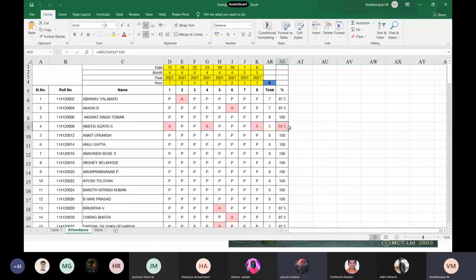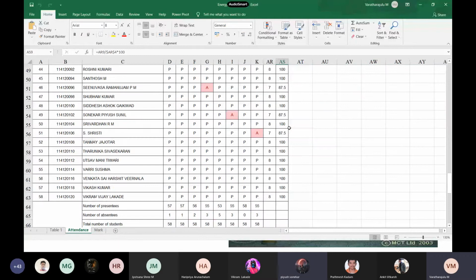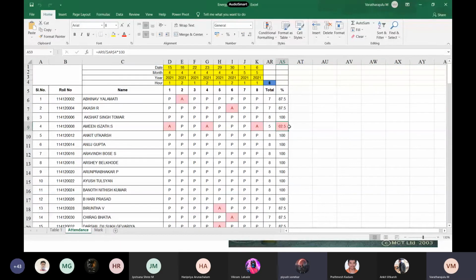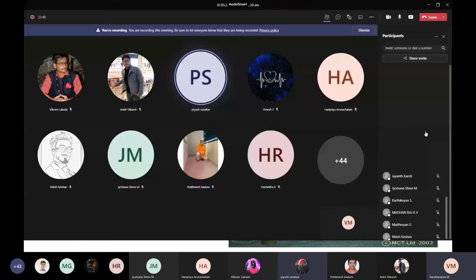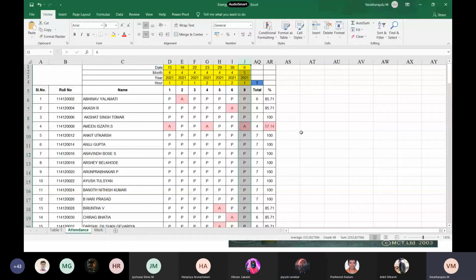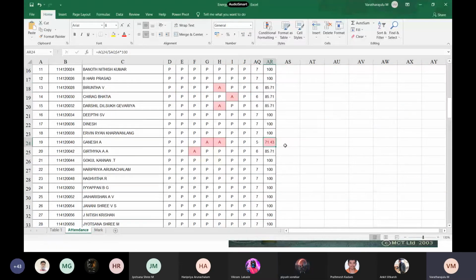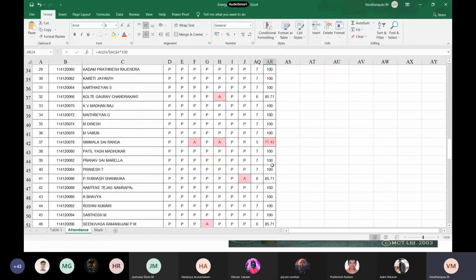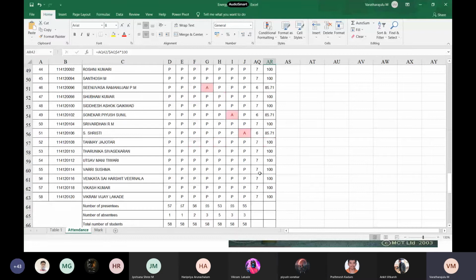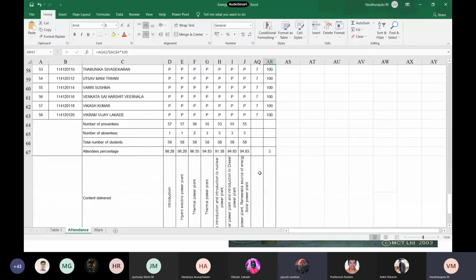Unmute your mic. What happened? See, when I remove this one, see what happens. Amin becomes 57%, and Ganesh becomes 71, and Sairanga, Nimala Sairanga also becomes 71. So please be conscious about the attendance.